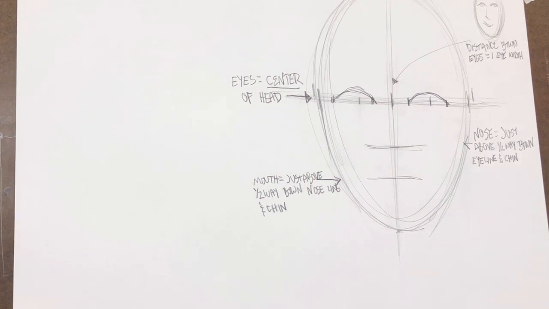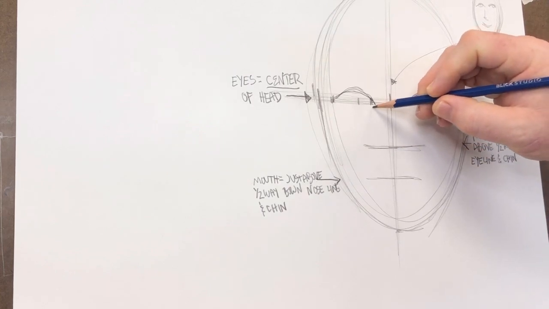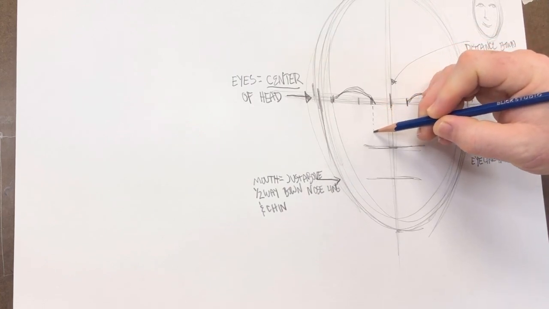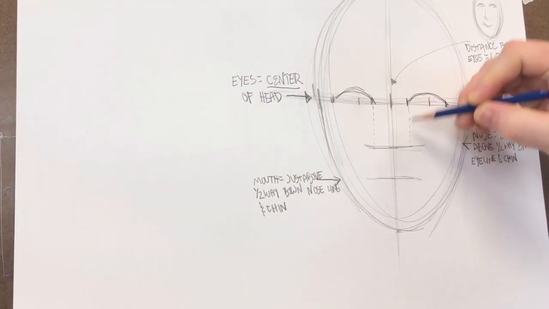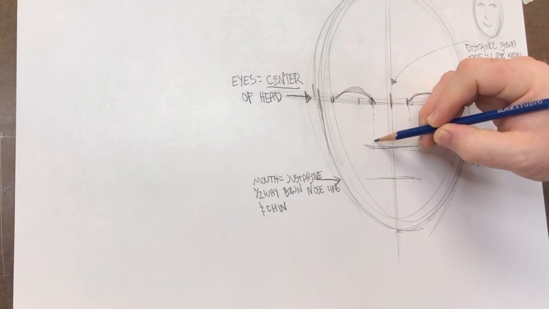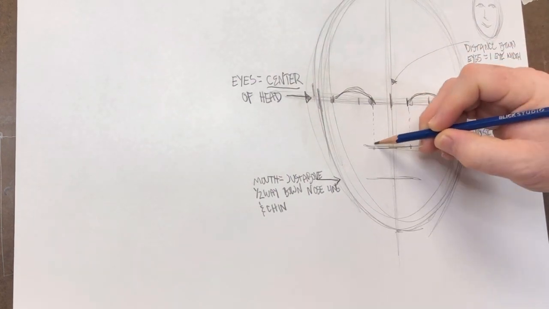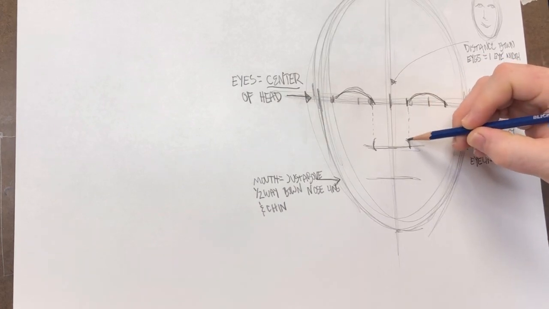The bottom of the nose, over here, there's something you need to know. I'm going to draw a little vertical dotted line coming straight down from, think about your tear ducts, that little circle in the corner of your eye. If I come straight down from about there, that's where the edge of the nose is for most people.